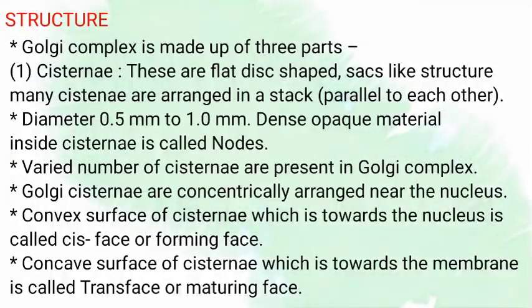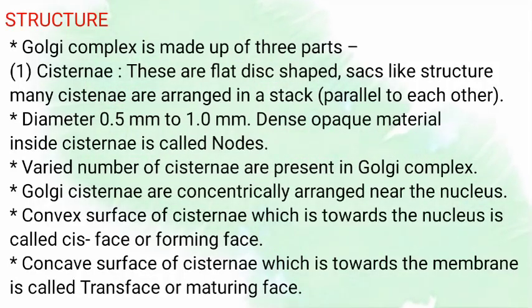The convex surface of cisternae, which is towards the nucleus, is called cis phase or forming phase. The concave surface of cisternae, which is towards the membrane, is called trans phase or maturing phase. Golgi complex is made up of three parts. The very first is cisternae, whose diameter is 0.5 micrometers to 1 micrometer.